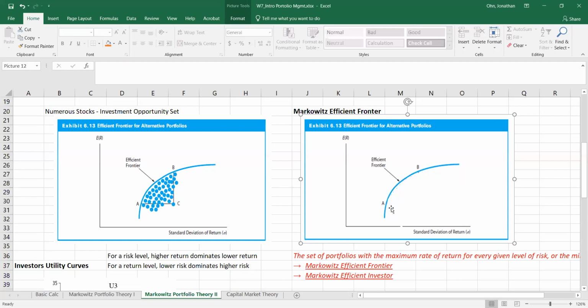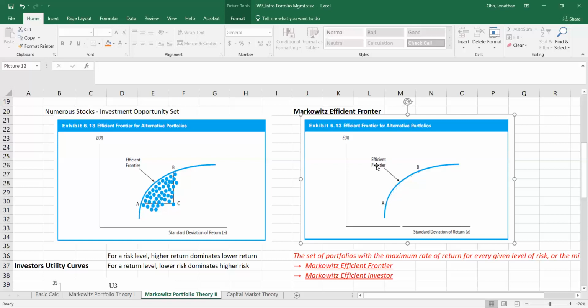So the combinations on this curve AB are the group of most dominant investment decisions. So it is called the efficient frontier, or Markowitz efficient frontier.